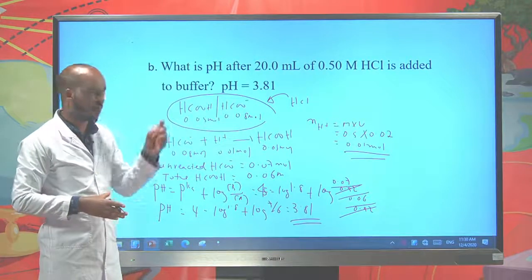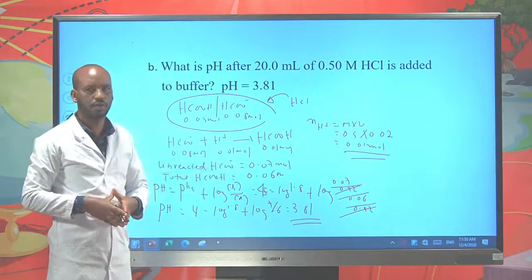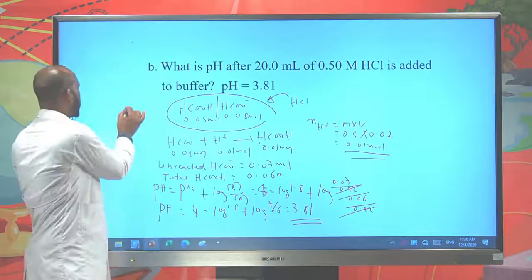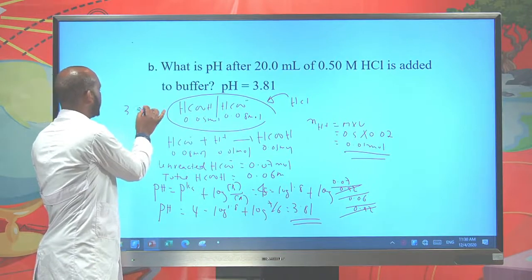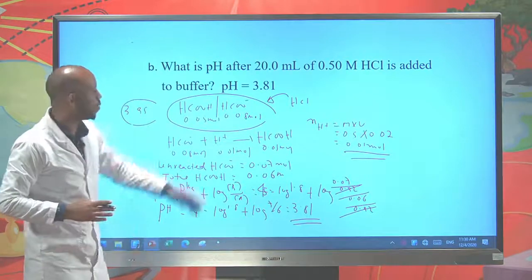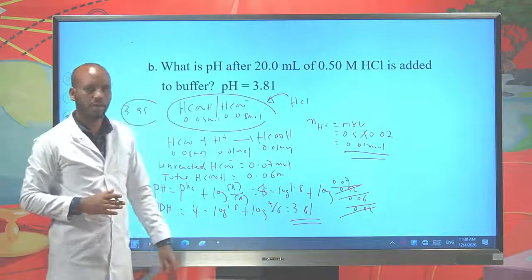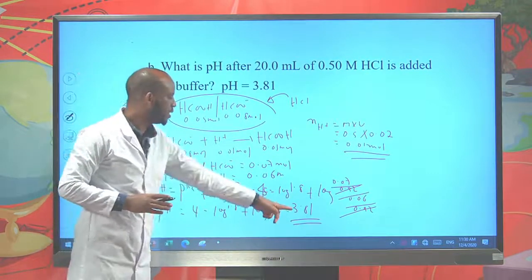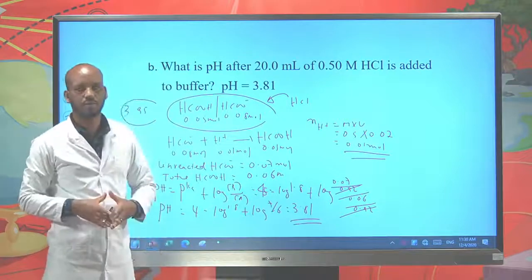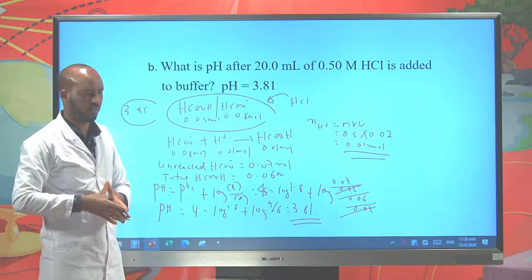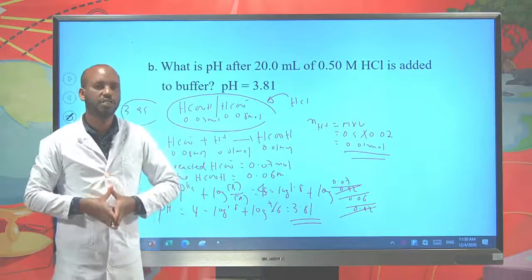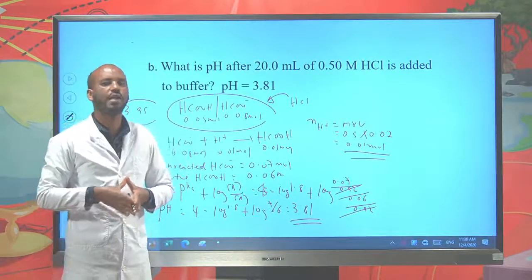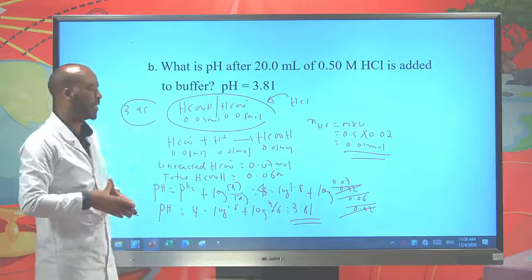Before adding any acid, pH of the solution was 3.95. After adding a small amount of acid, pH is 3.81. Small change in pH. That is why a buffer solution is a solution that resists change in pH upon addition of a limited amount of an acid or a base.